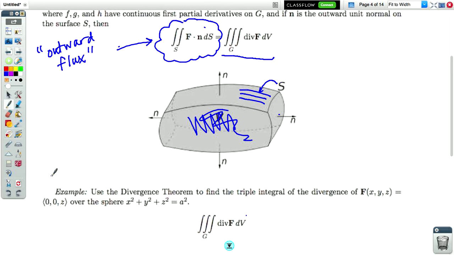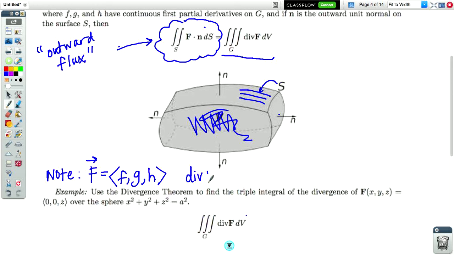Now, before we do this, let me just put a note here. If you don't remember what the divergence is, let's say that we have some vector field with three component functions, f, g, and h, and these component functions are of variables x, y, and z.